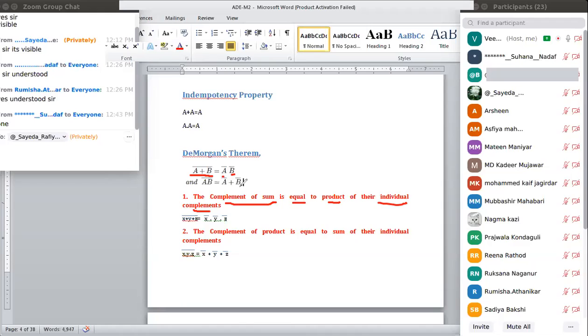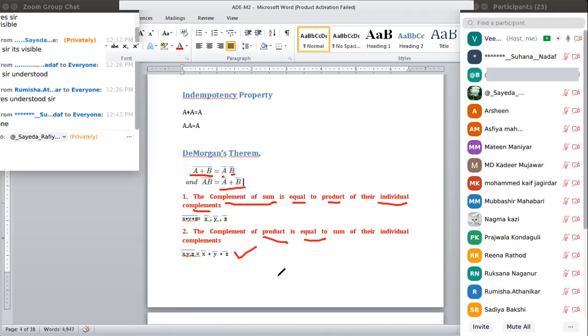The same thing in the second De Morgan's theorem: the complement of product, x dot y dot z whole bar, is equal to the sum of their individual complements, x bar plus y bar plus z bar, or a dot b whole bar equals a bar plus b bar. So whenever the whole bar is divided into individual variable complements, the function changes from sum to product, and from product to sum.